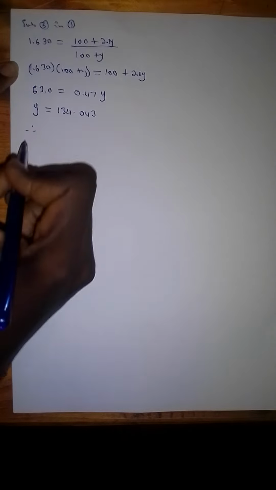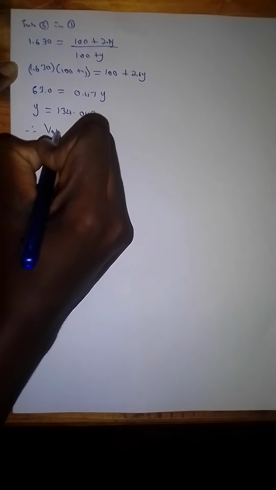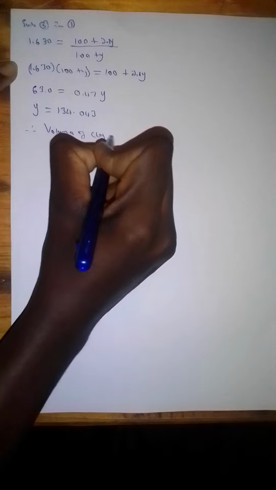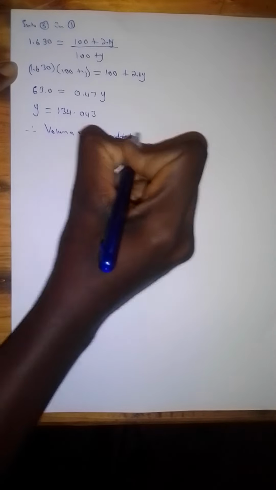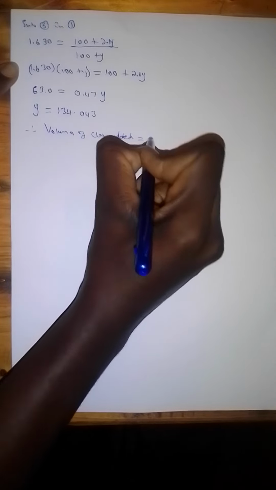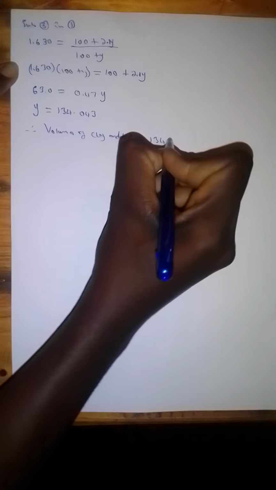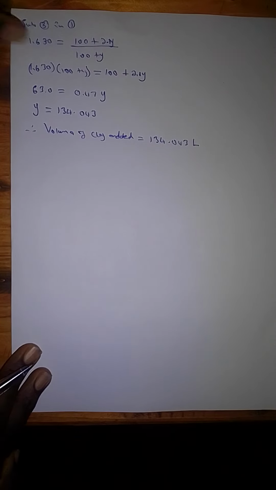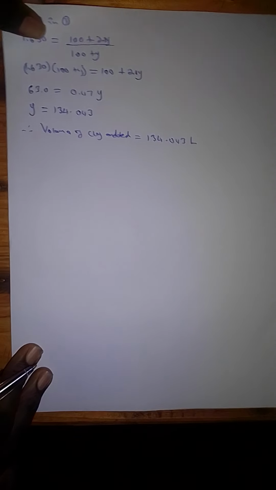Therefore, the volume of clay added is equal to 134.043 liters. So that is our y that we solved.